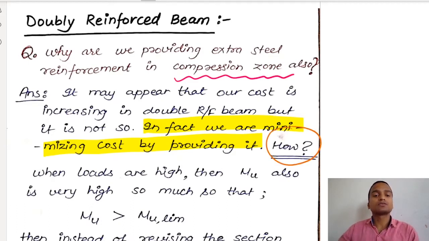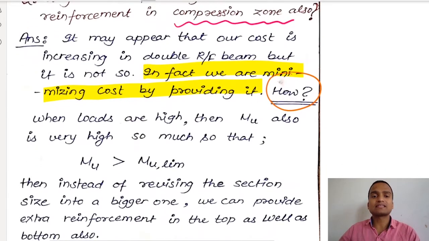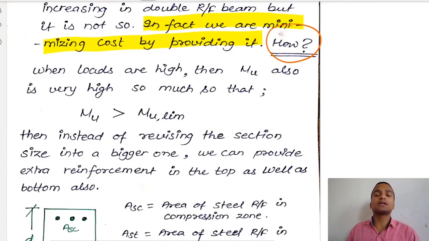Now the question may come, how? So if you look, when we go for the doubly reinforced beam, of course, when the loads are very high, if the external load on the beam is very high, of course, the resulting bending moment in the beam will also be very high.